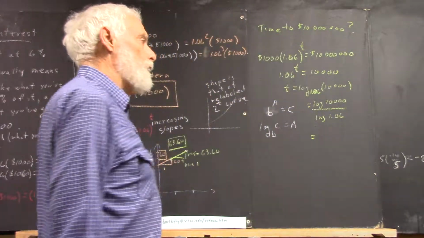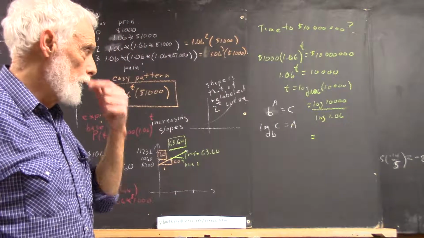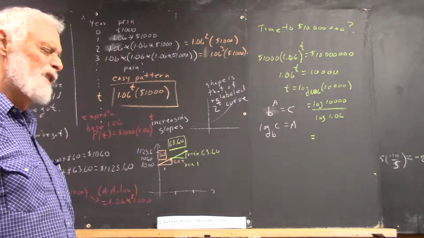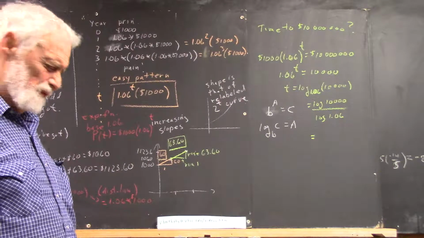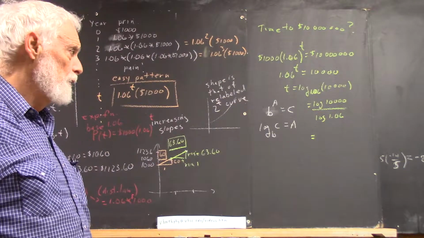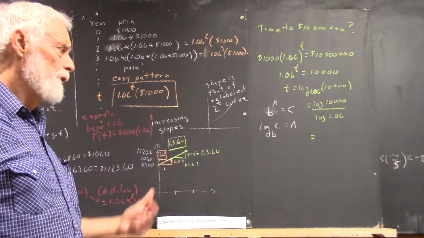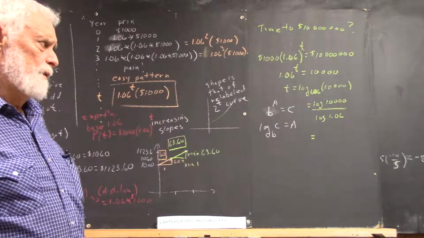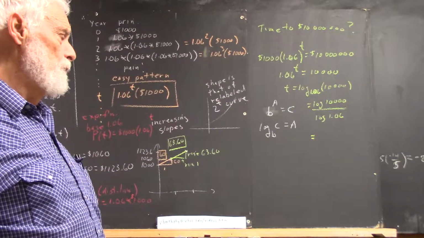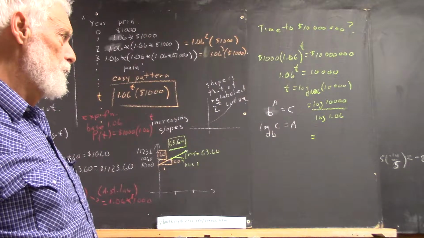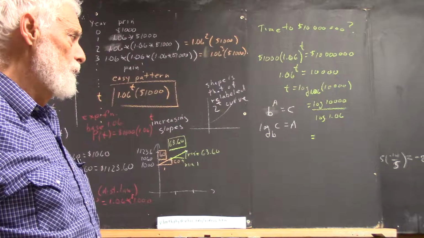Well, the log of 10,000 is 4. The log of 1.06 is 0.025.